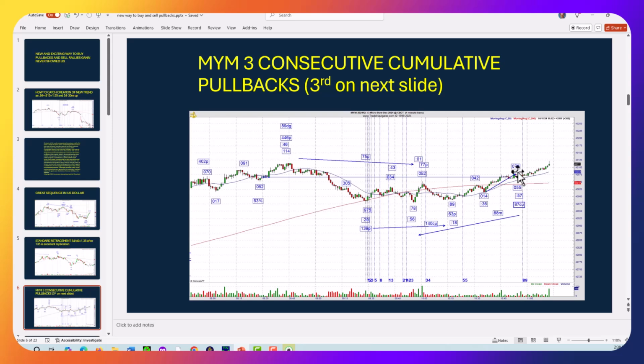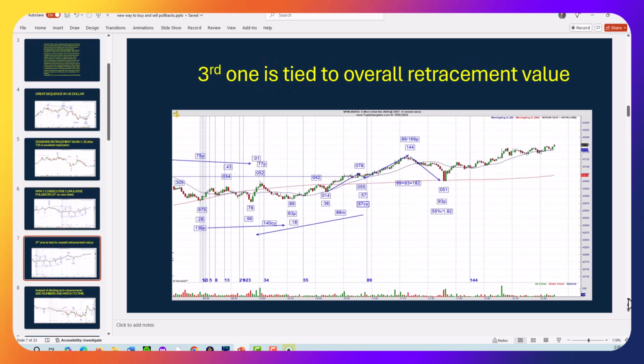So the cumulative point total at this pullback over here is 87, and that becomes important simply because it's 88 minutes off the low. And that's right here.